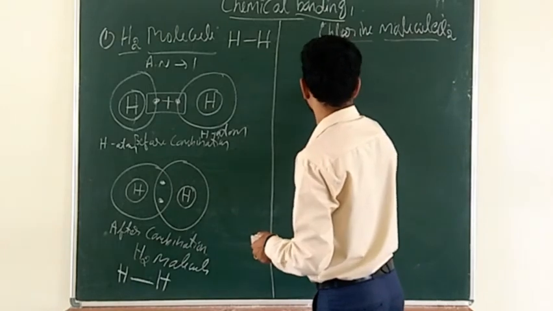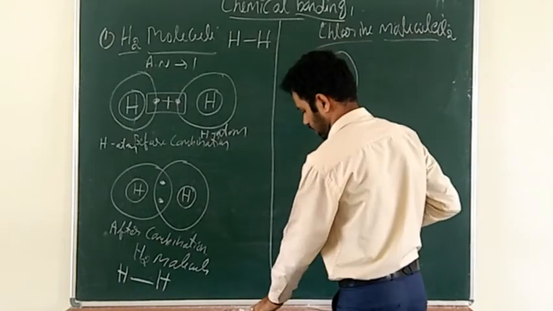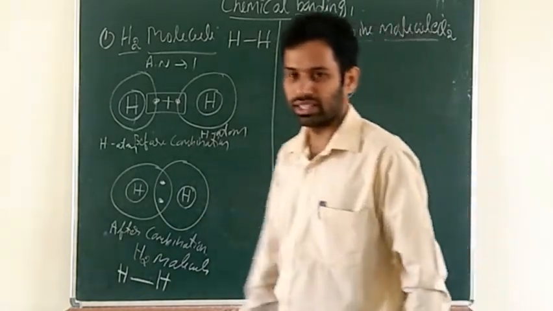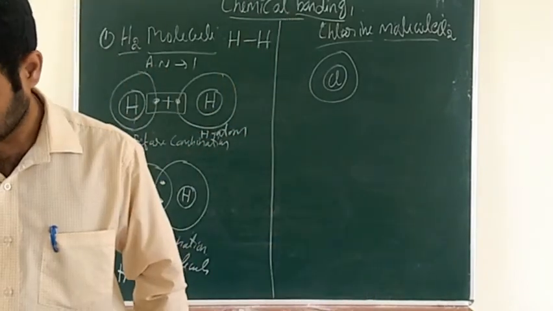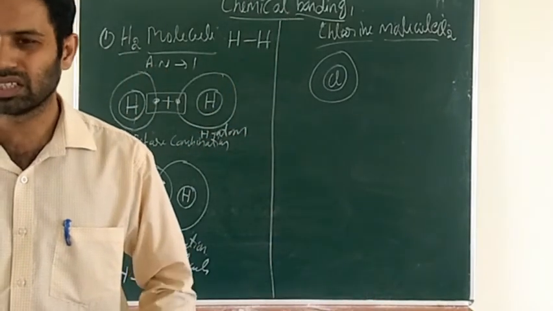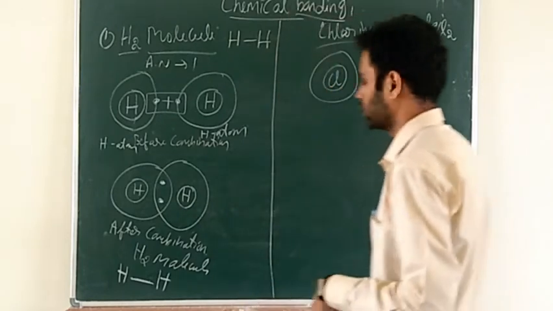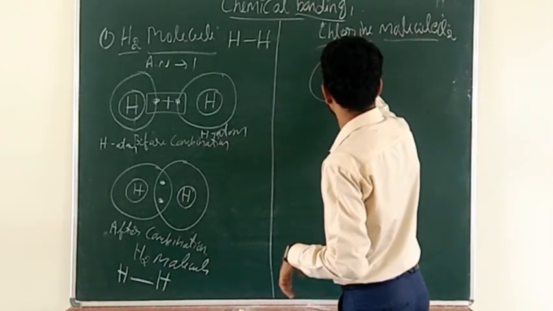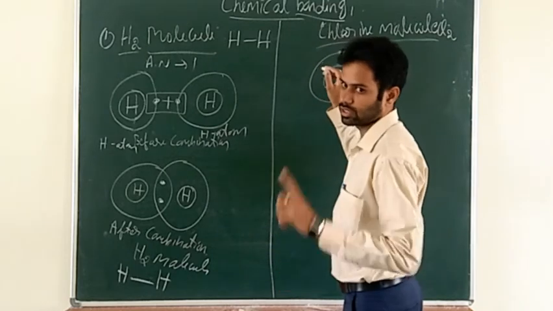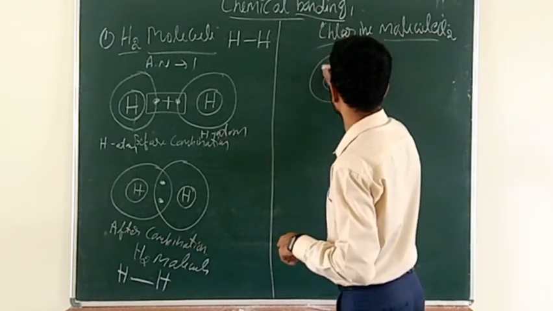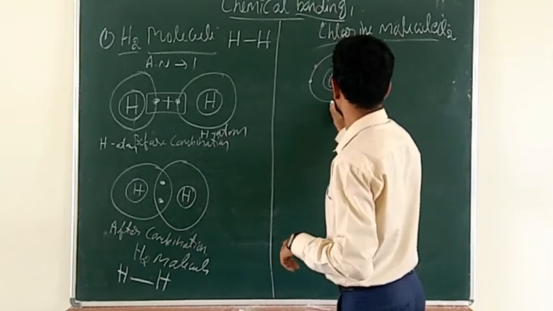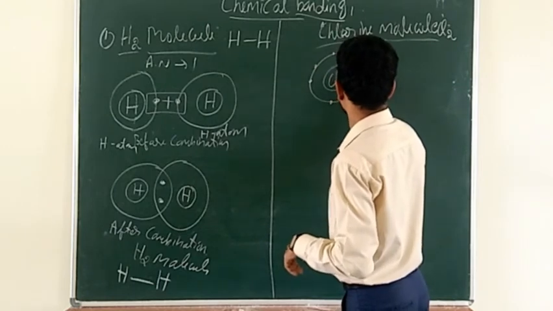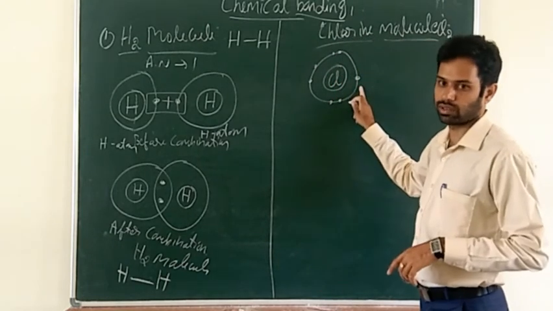Nucleus. Take only the outermost shell, clear? Not the K shell. So it has 7 electrons in the outermost shell. Write 7 dots here: 2, 4, 6, and 1 to the right side of the chlorine.